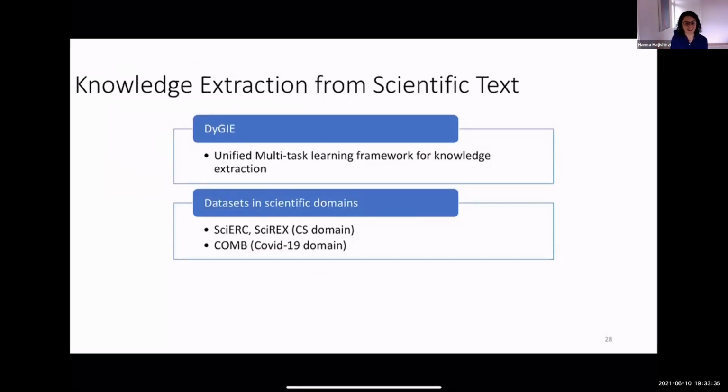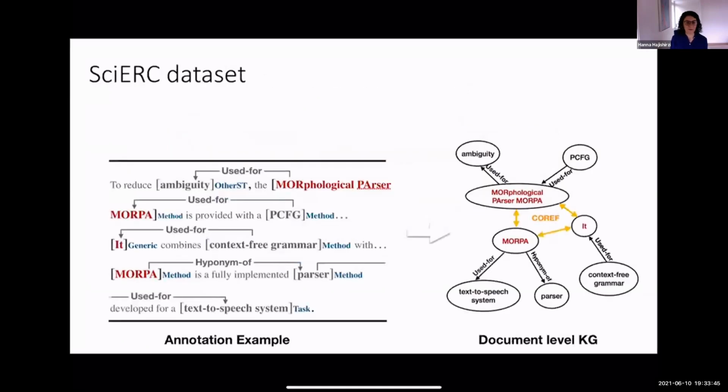How can we train our DIG? Still, we need some annotations. In particular, we have done some annotations in computer science and also in COVID-19. In the computer science domain, this is how it works. This is one annotation example where we take a scientific abstract.